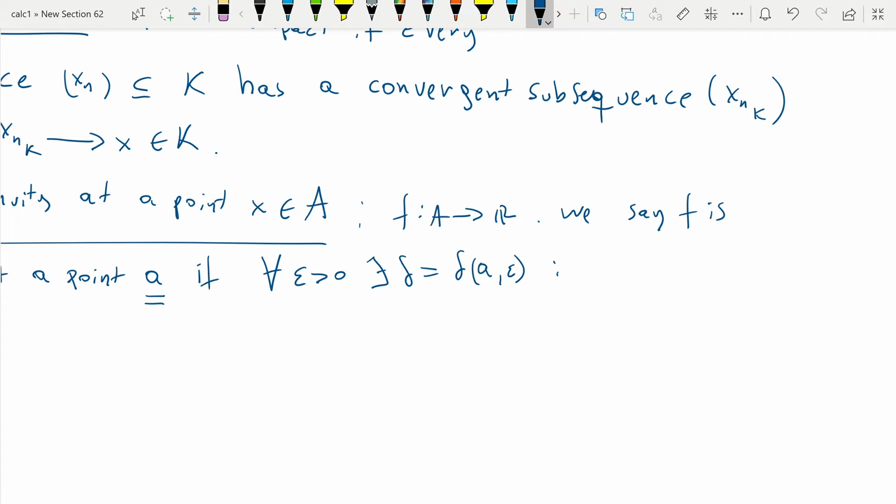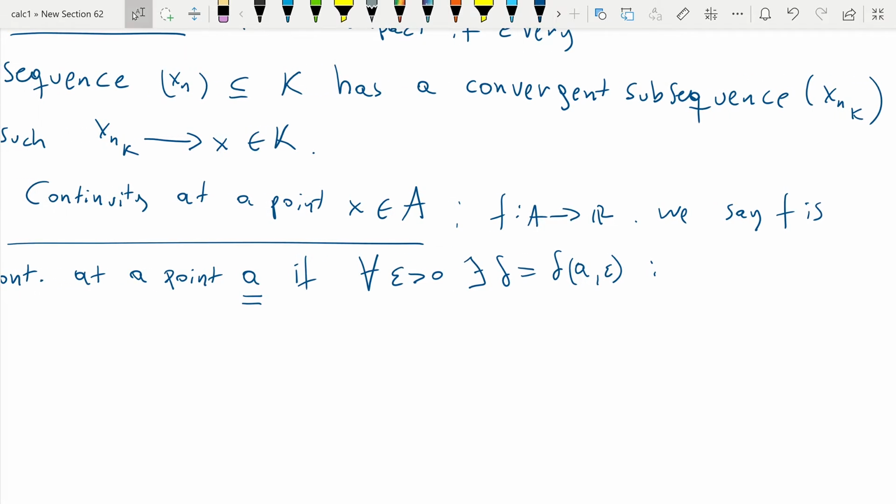For most of the functions you will need to consider, you need to take delta very small as epsilon gets smaller and smaller. Of course, if you have a constant function, then delta is irrelevant, but that's not the focus of our discussion. We are really trying to treat the difficult cases.